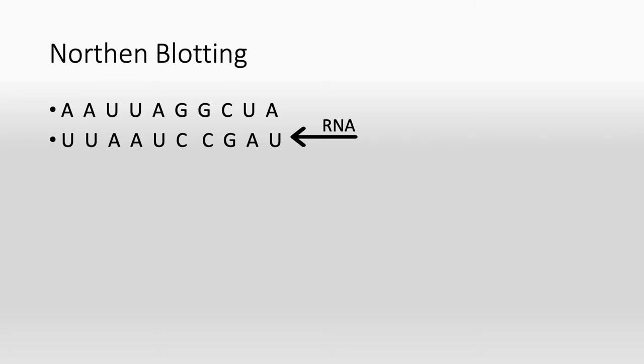And if we think of this complementary strand as a DNA fragment, it could be TTAATCCGAT. So this is the complementary strand that we have to generate. Once we generate this strand, we can put that strand on a probe and that can bind to the target.